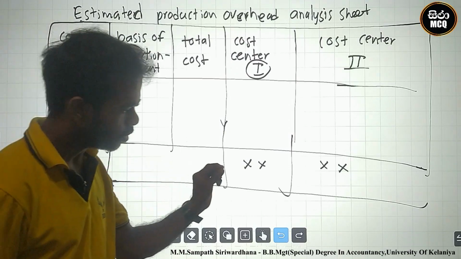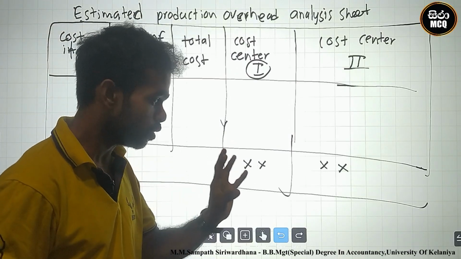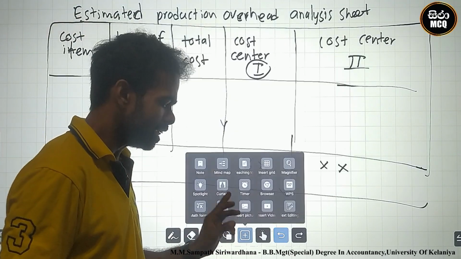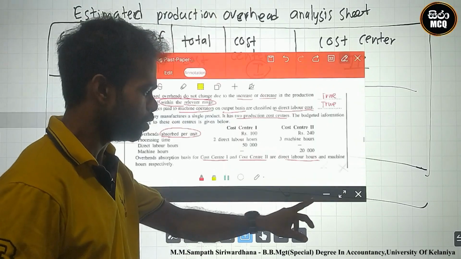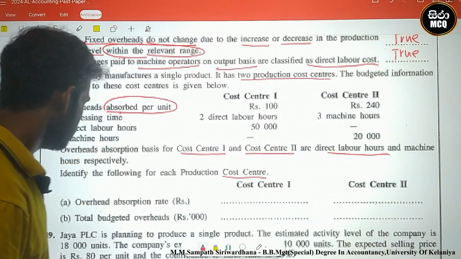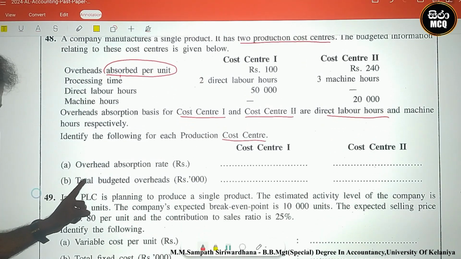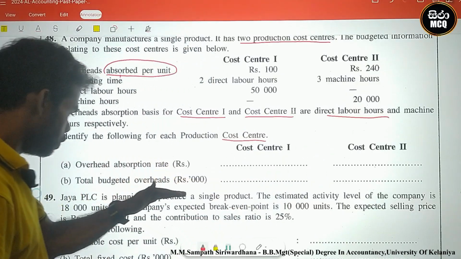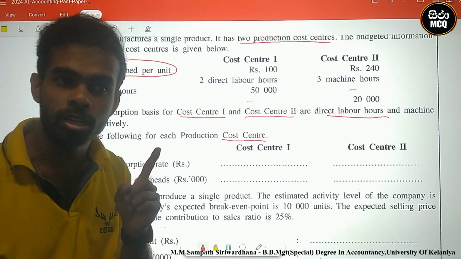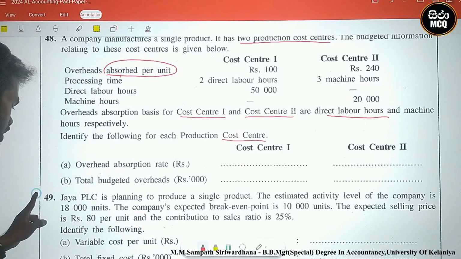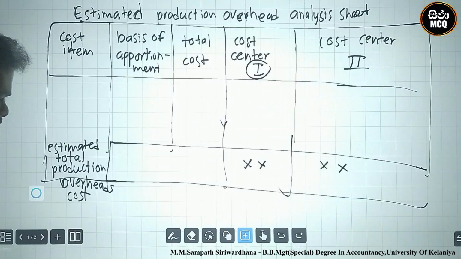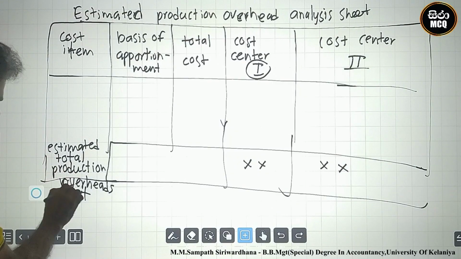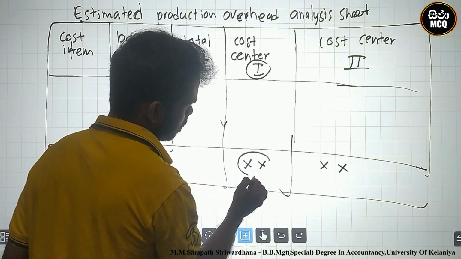After the calculation of this total production overhead cost, I can connect it with the question. Look here at the requirements. The second one is total budgeted overheads for cost center 1 and cost center 2. Total budgeted means total estimated overhead, the total estimated production overhead cost for cost center 1.